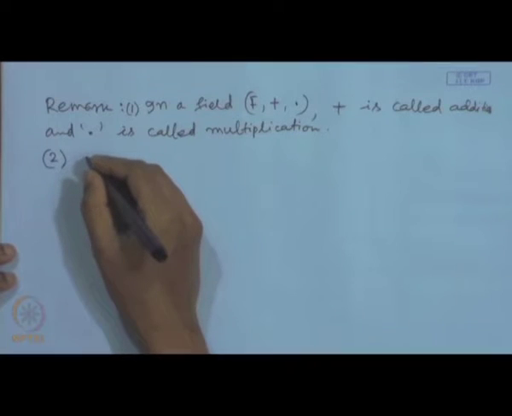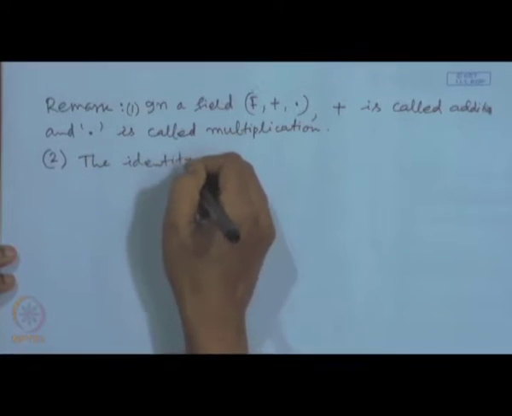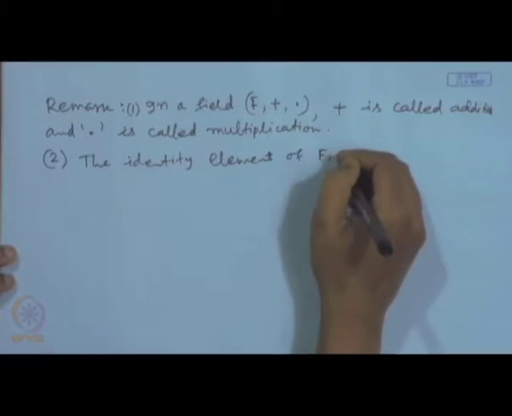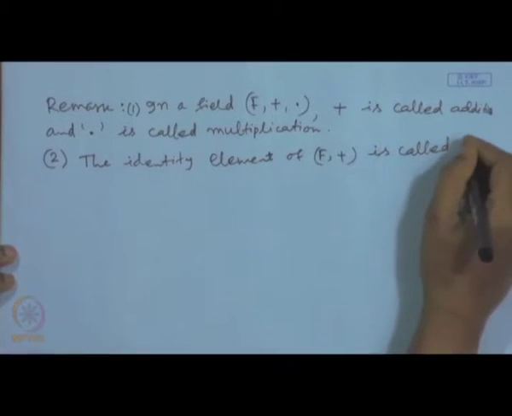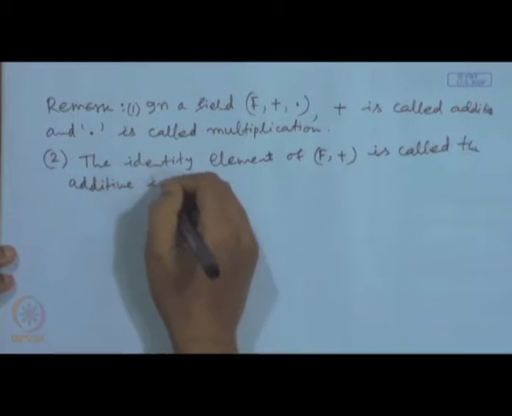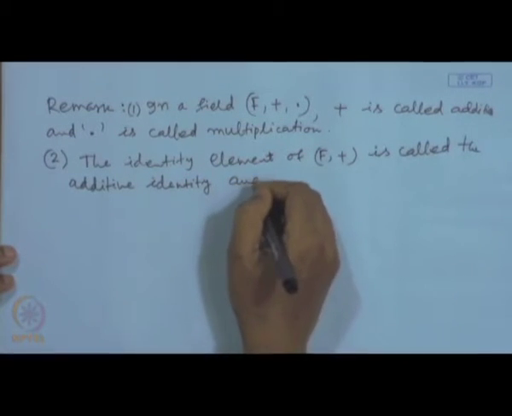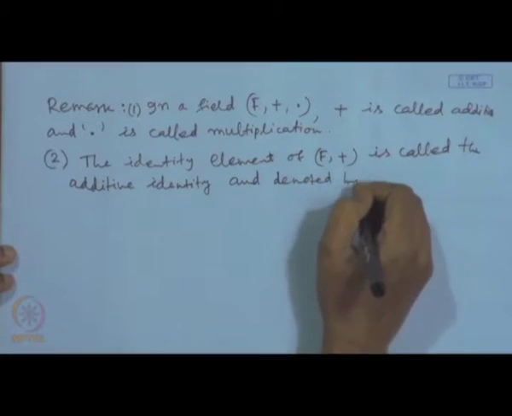Here this 0 is called the identity element of A plus, called the additive identity, and denoted by 0.